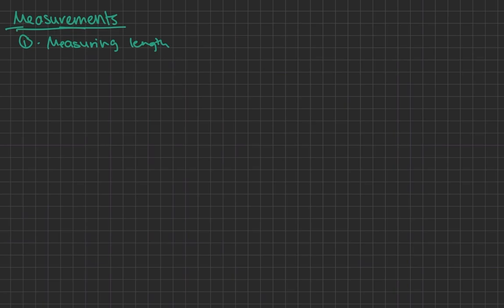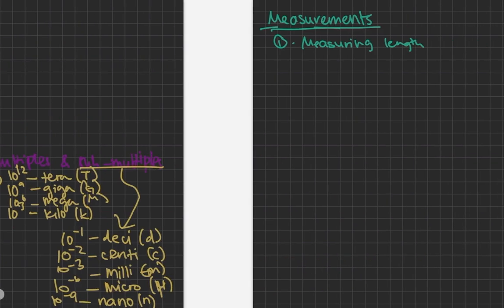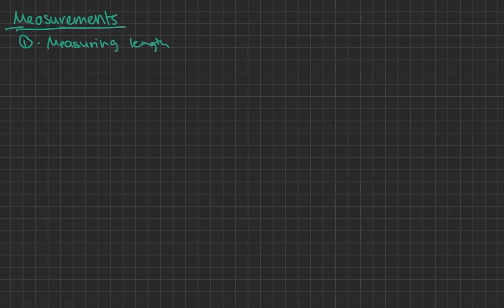As we learned not very long ago, the SI unit for length is meter. So how can we measure meters? We can use A, a meter rule, B, a measuring tape, or C, vernier calipers.